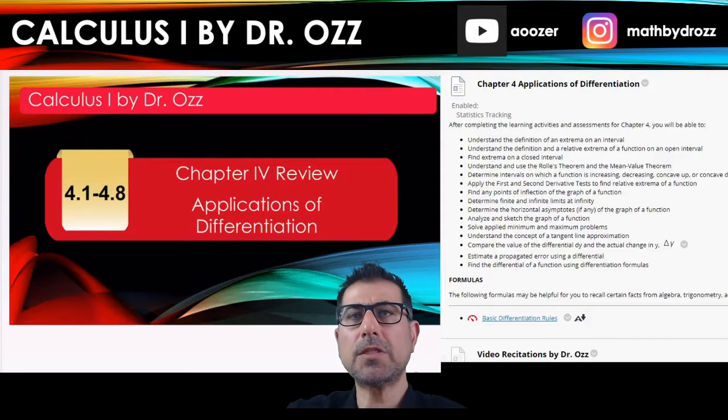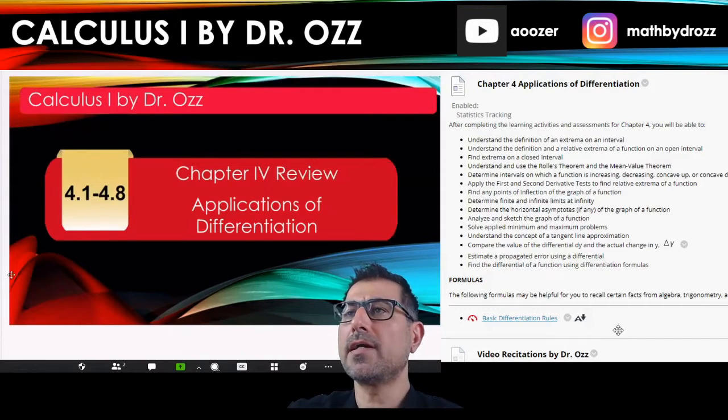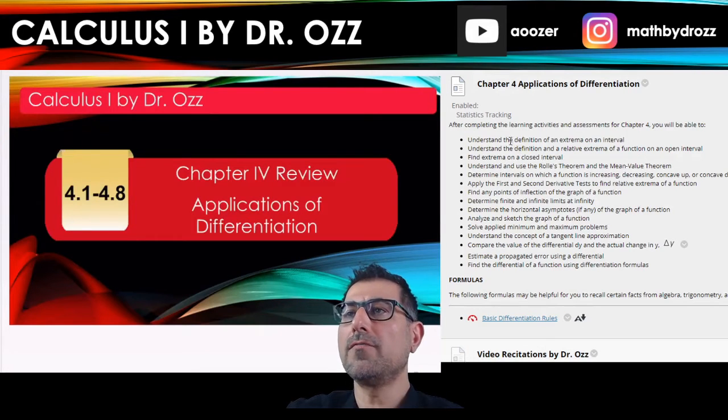At this moment, let's quickly summarize the learning objectives of Chapter 4. We started off with understanding the definition of an extrema on an interval, and in fact we extended that definition on an open interval, and we finalized that by finding the extrema, relative extrema on a closed interval once the function description is provided to us.